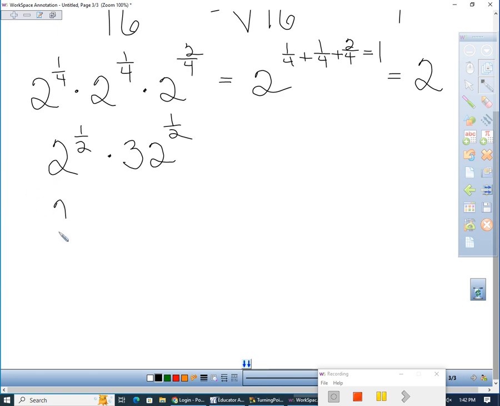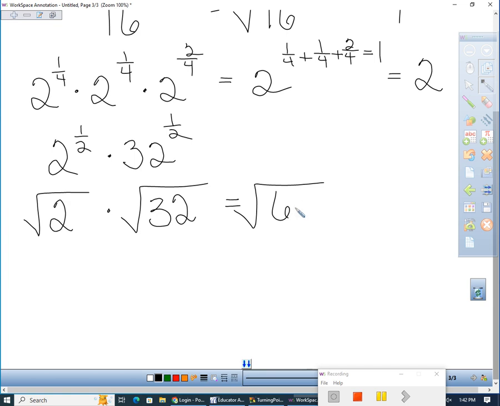Okay, this is 2 to the power over root. So 2 to the first power inside a square root, times 32 to the first power inside a square root. Since the roots are the same dimensions, we can multiply them together. This is the square root of 64. What is the square root of 64?